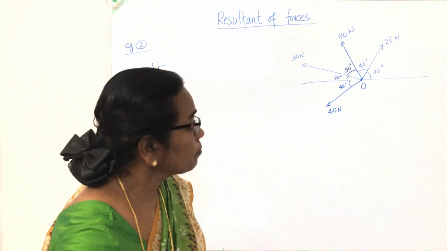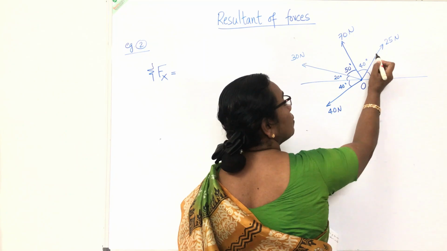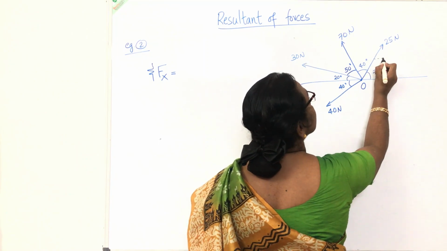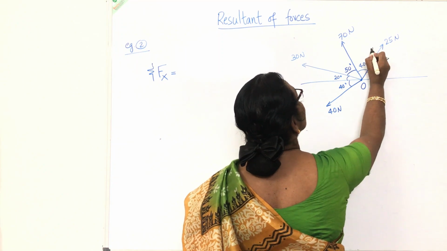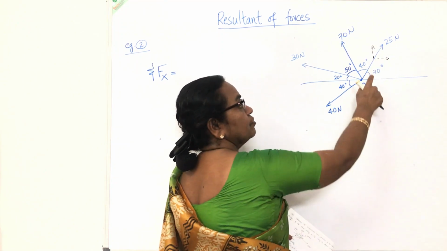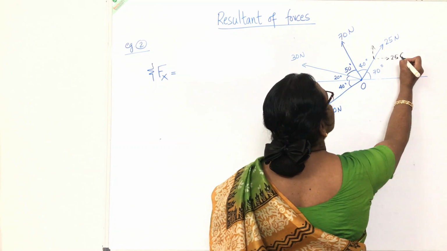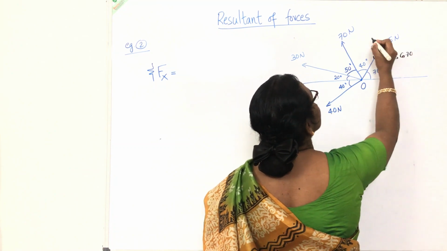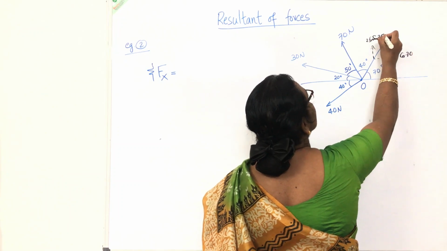Consider the first one. Here itself I can mark. This is 25 Newton acting away from O, so its components will be outward. This will also be outward. If this angle is 70, this will be 25 cos 70, this will be 25 sin 70.